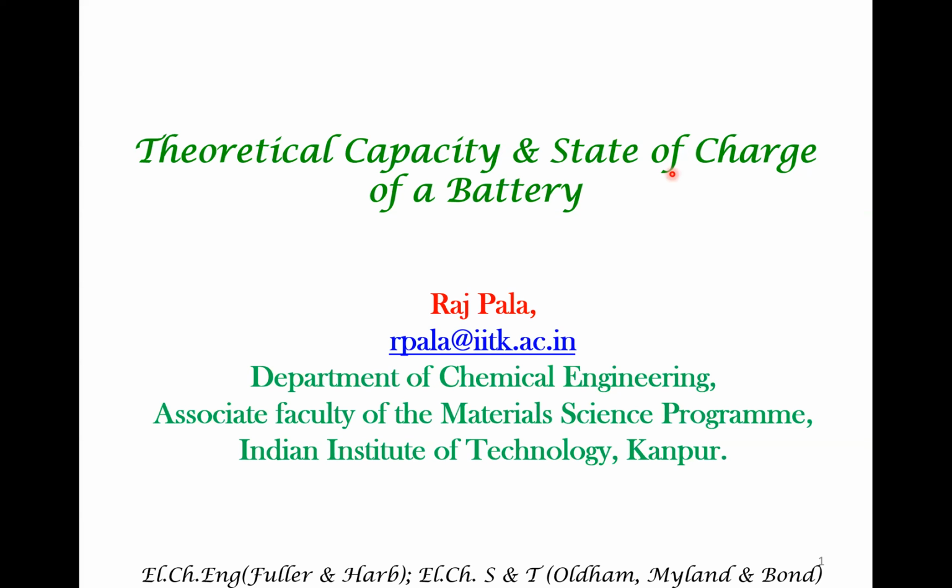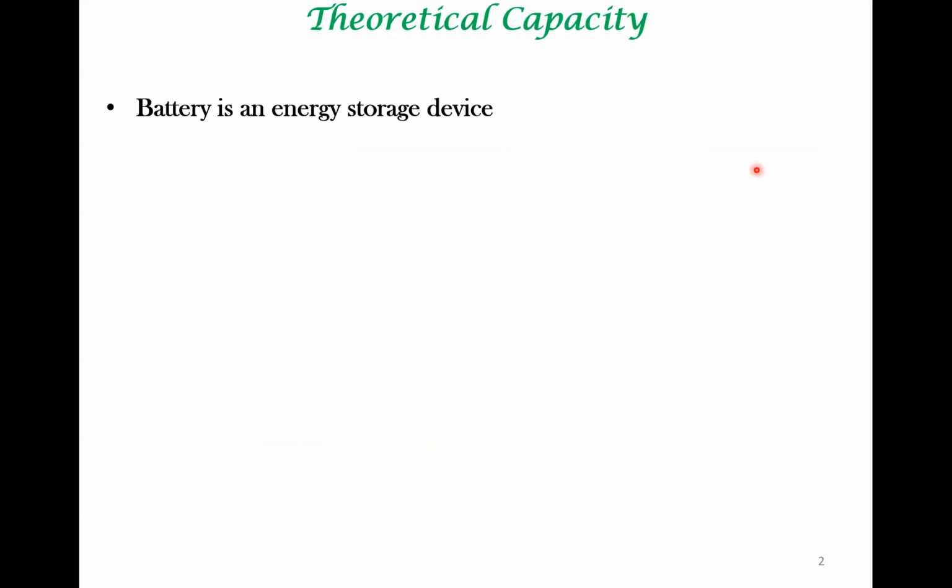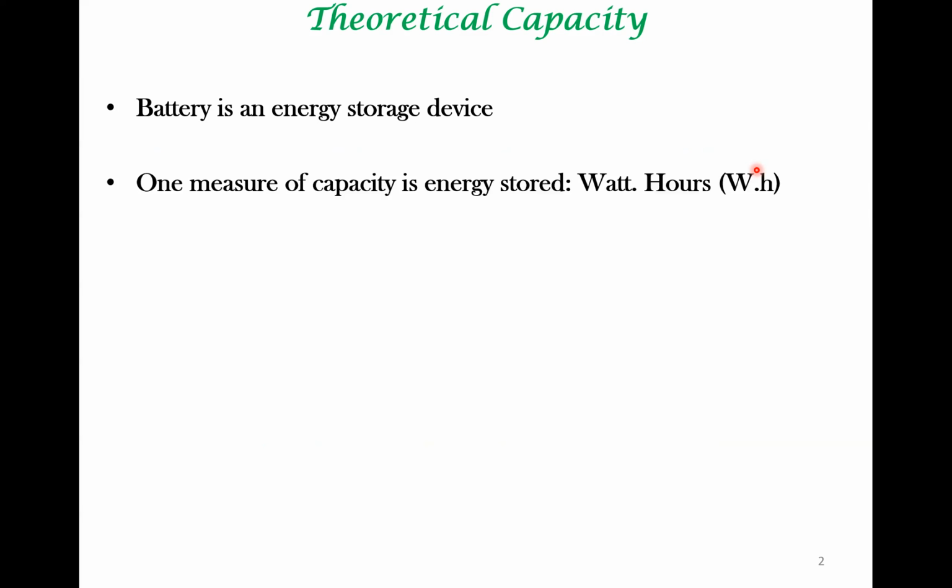Welcome back. In this lecture, in the context of a battery, we will look at what we mean by theoretical capacity and state of charge. A battery is basically an energy storage device, so our notion of theoretical capacity should reflect this.